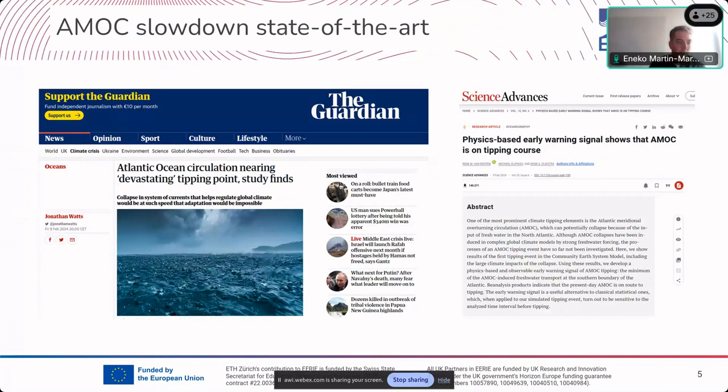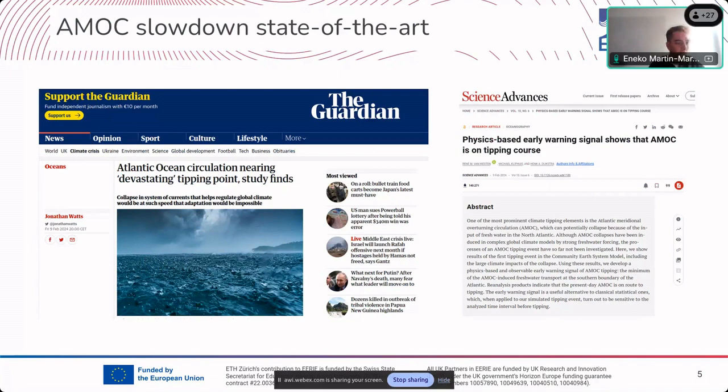This paper takes a very interesting approach. It came out 2 weeks ago, and they use the CESM climate system model to develop some kind of indicator. Later they check with observations whether we are close to the tipping point or not.